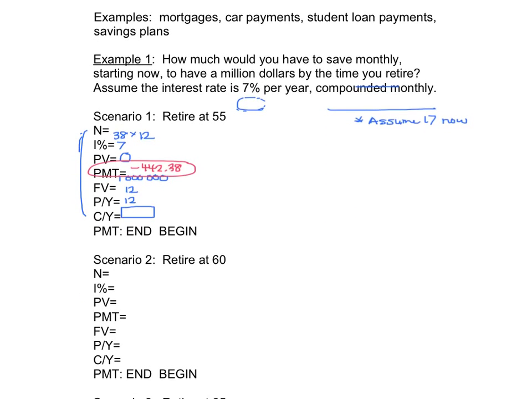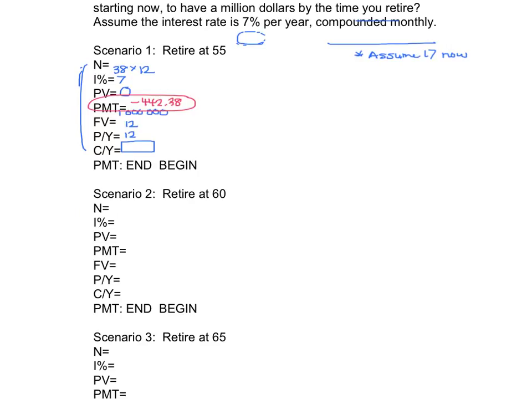Okay, moving on. Let's say then that we're going to work an extra 5 years. So we're going to retire at age 60. So then our N value, that would add another 5 years on to our working life. So that would be 43 years times 12 months a year.